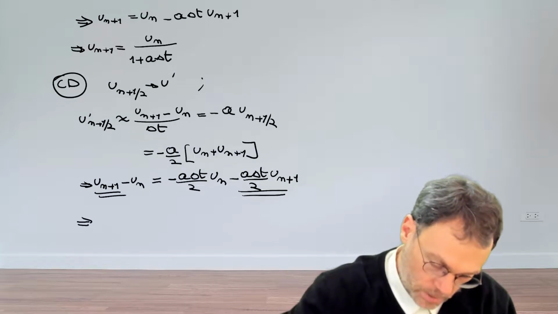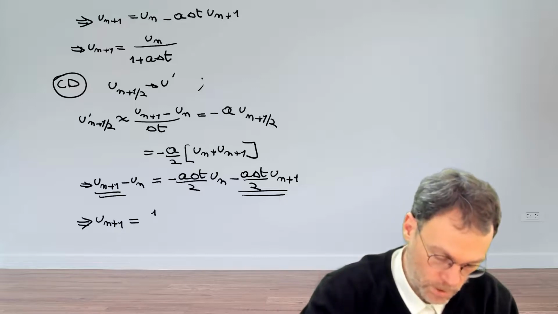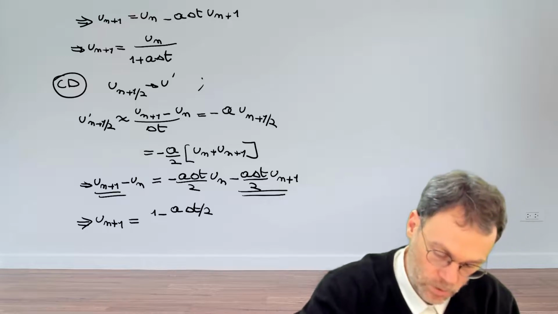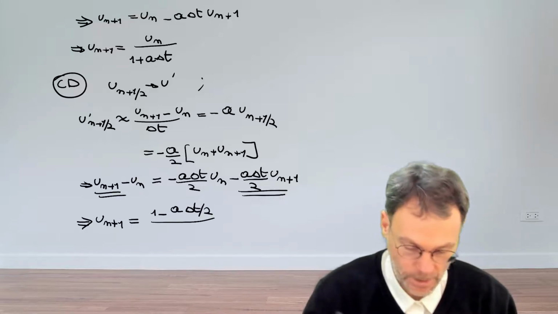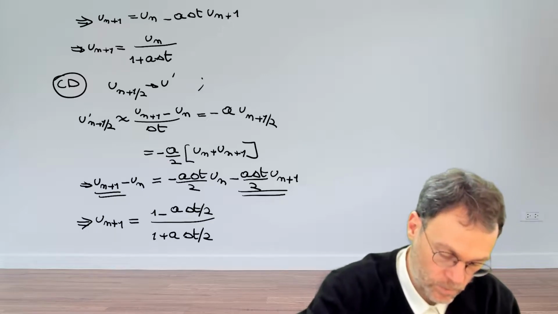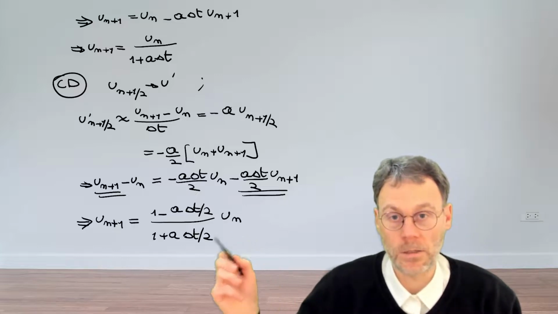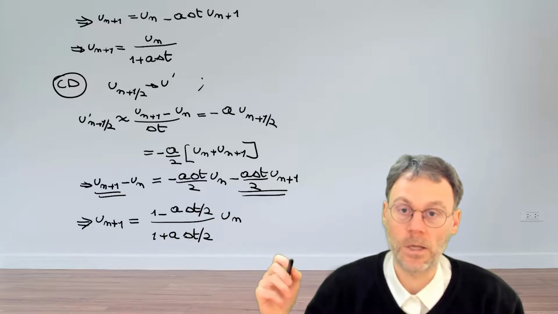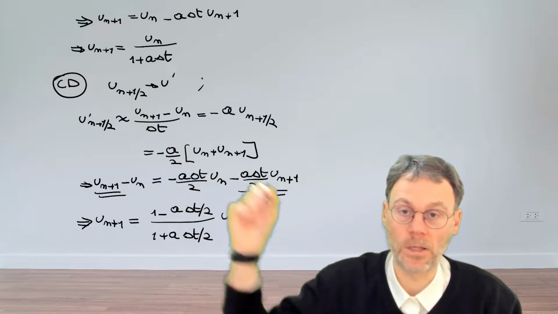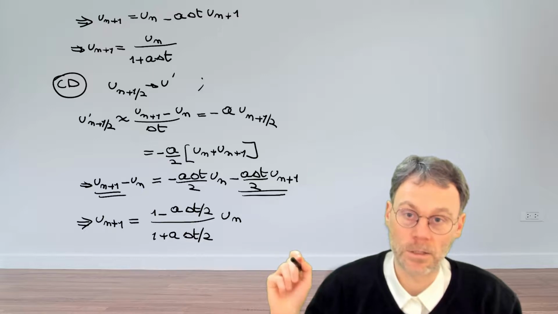We can write that u^(n+1) is equal to (1 minus a delta t over 2) divided by (1 plus a delta t over 2) times u^n. In this particular case, our scheme looks a little bit more complicated, but it's much more accurate. It's second order accurate because we incorporate information both from the future and the past. This particular scheme is called the Crank-Nicolson scheme.